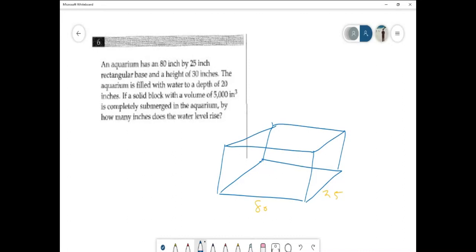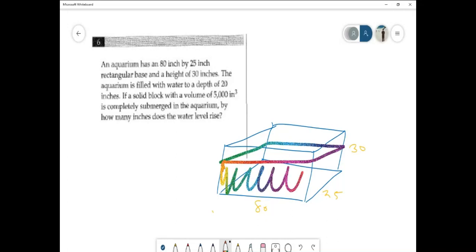And a height of 30 inches. The height is 30. The aquarium is filled with water to a depth of 20 inches. Then it means 20 inches is filled with water.